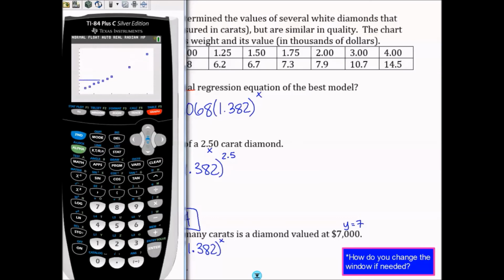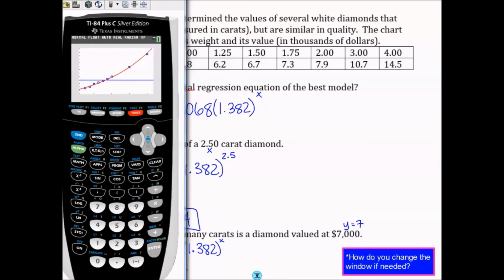Then I'm going to go to the graph. So the horizontal line represents 7, and the red curve is our exponential. Now, wherever these two intersect will be the solution to our equation, and the calculator can calculate the intersection for us. If you look right above the trace button, you see calc, that stands for calculate.